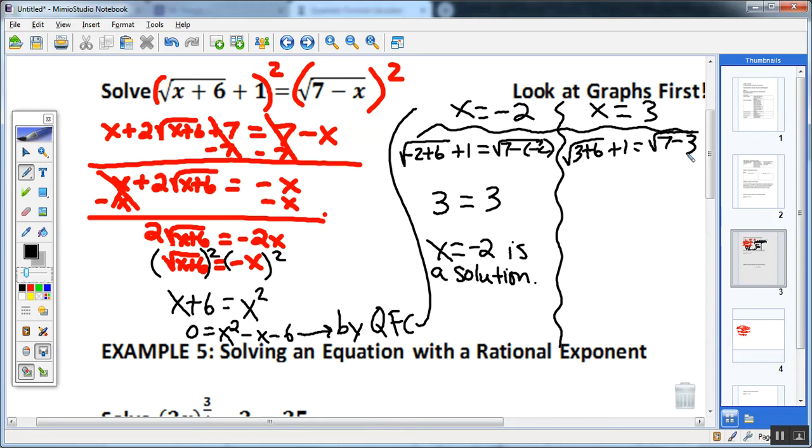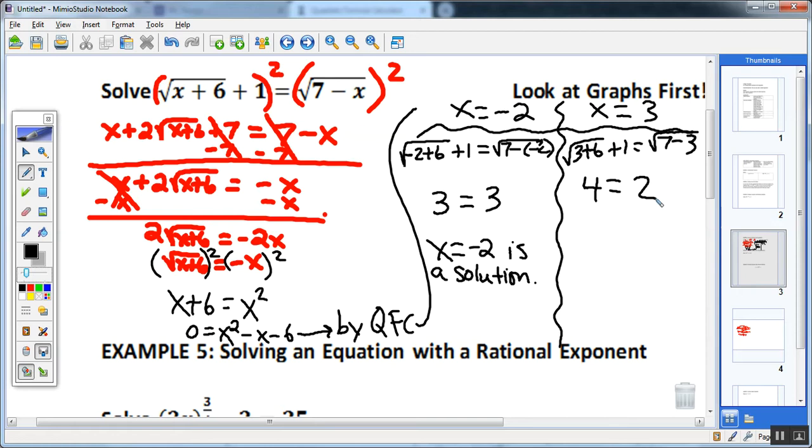It becomes the square root of 9 plus 1, doesn't it? What's that going to be on the left side? 4. What do you get on the right side? 2. Ooh. Is that a true statement or false statement?